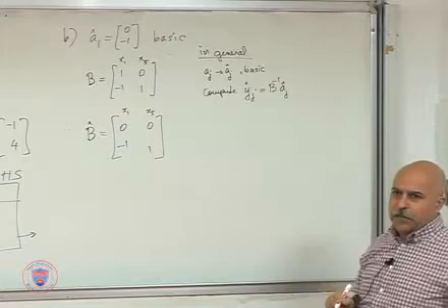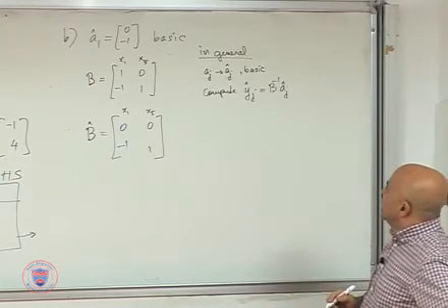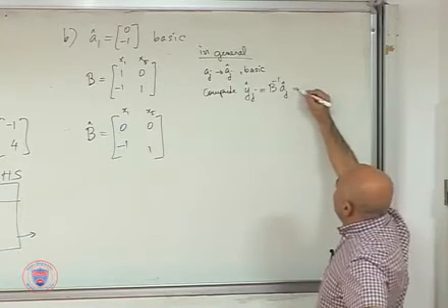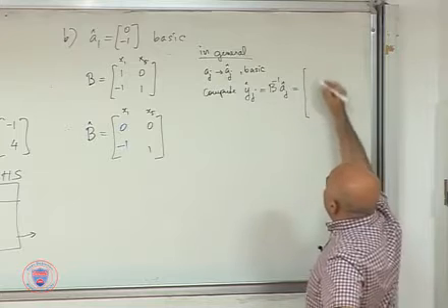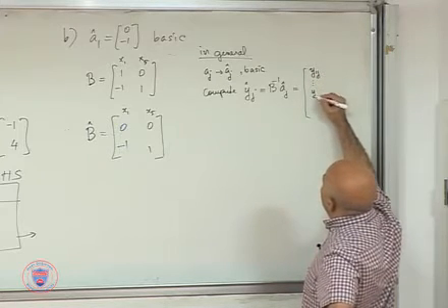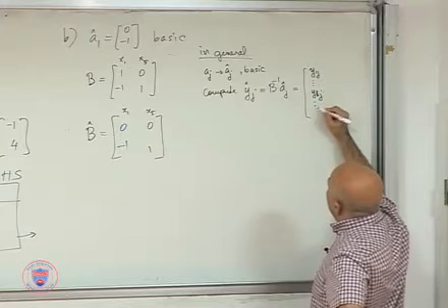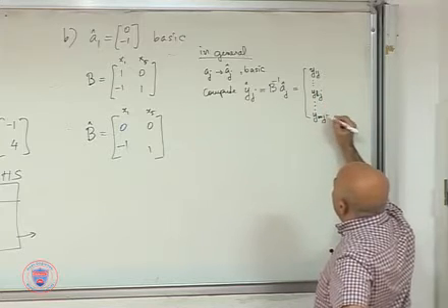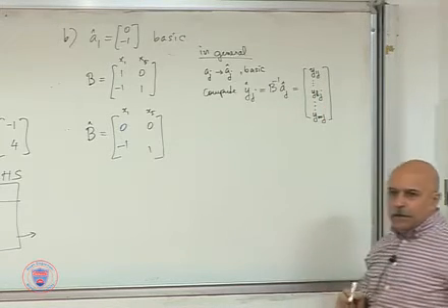The old inverse times Aj cap. So this will output a Yj vector, which is going to have Y1j, Ykj, up to Ymj.